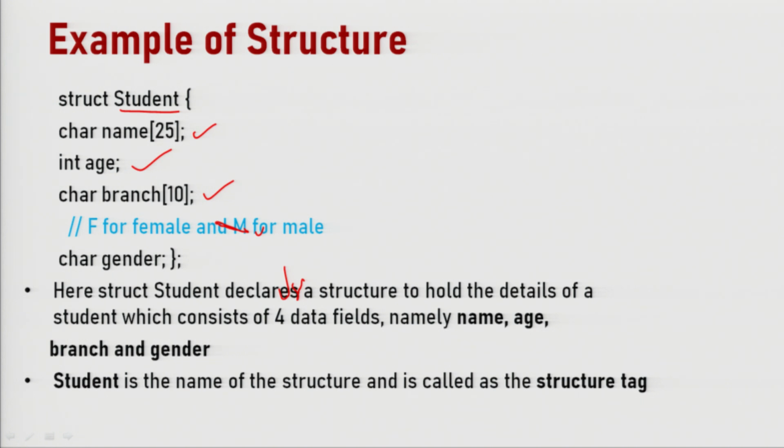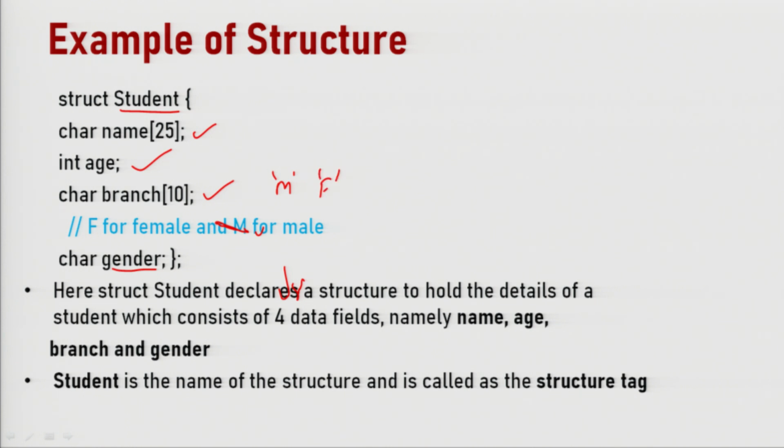Then the branch of the student, which is a character array type; branch means computer science, mechanical, electrical. And then the gender, which is of character type. So, it can have only a single character, either male or female. For male, the capital M within single quotes, and for female, F within single quotes.